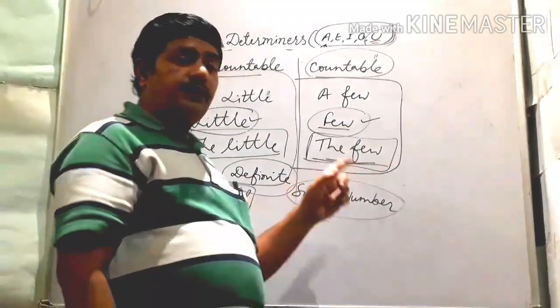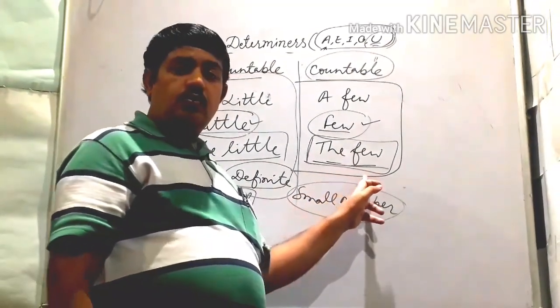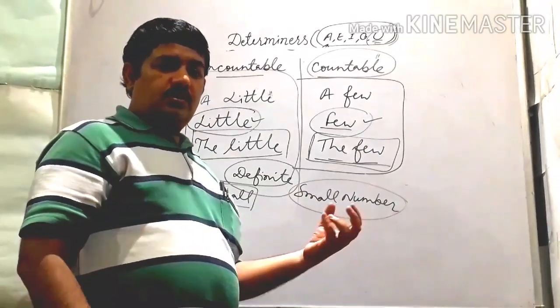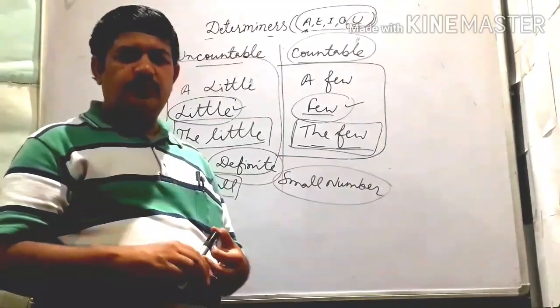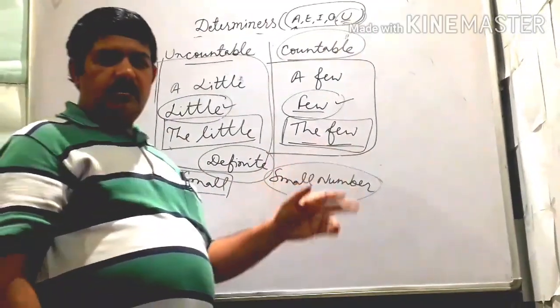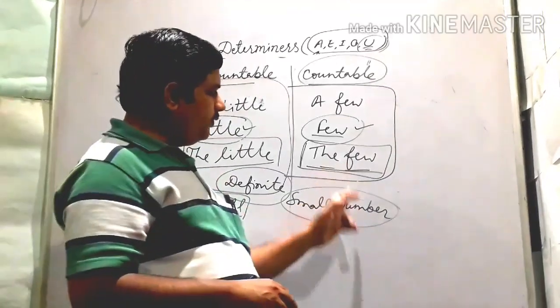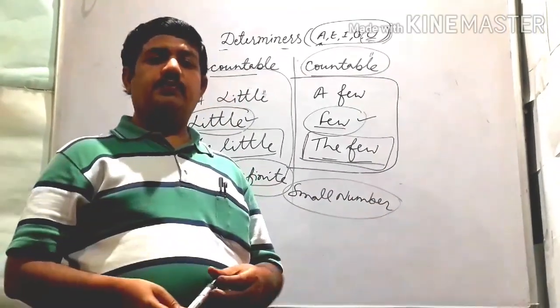Then we have the few also in the same way, a countable noun, but definitely it is quite low. You feel that it's insulting to tell such kind of thing. So in this, like, the few friends that I had have shifted somewhere else.